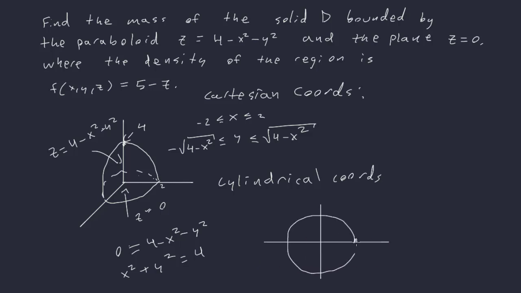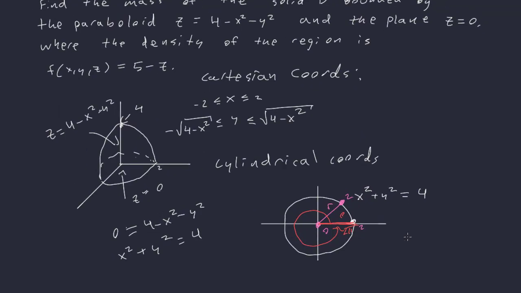Okay, so here we go. Here's x squared plus y squared is equal to 4. Now, in polar coordinates, that is way easier to deal with because our r is between 0 and 2, and our theta goes from 0 to 2 pi, the full rotation. And how do we get our z limits?